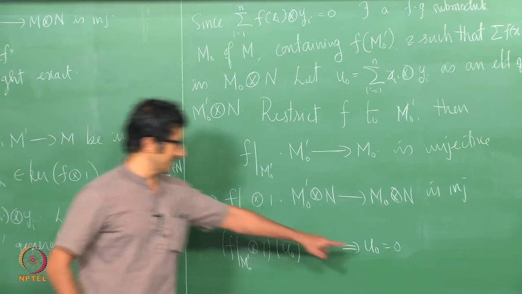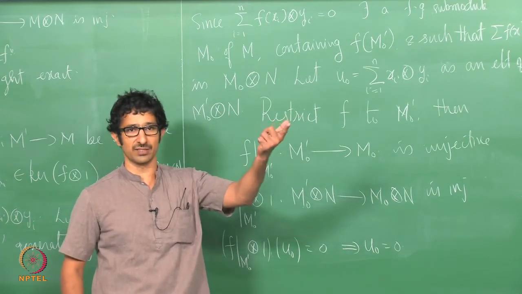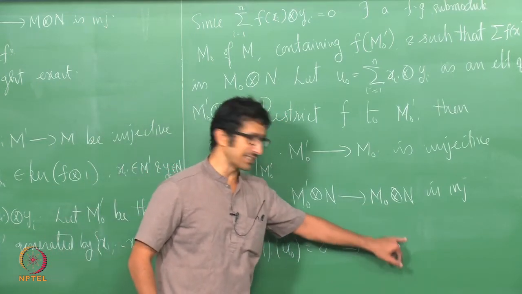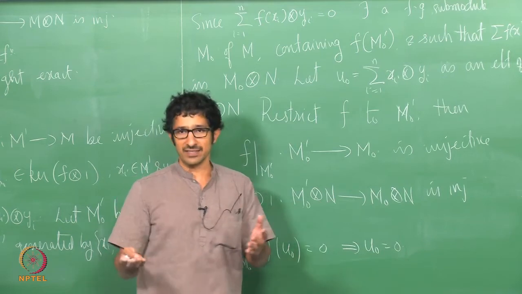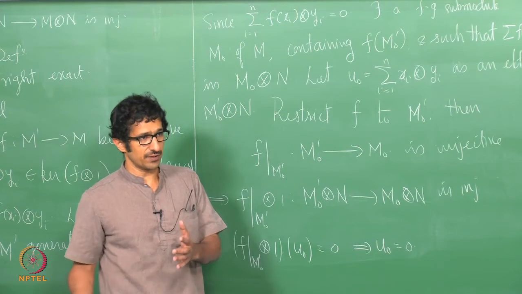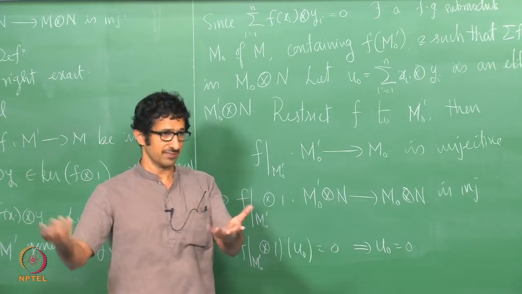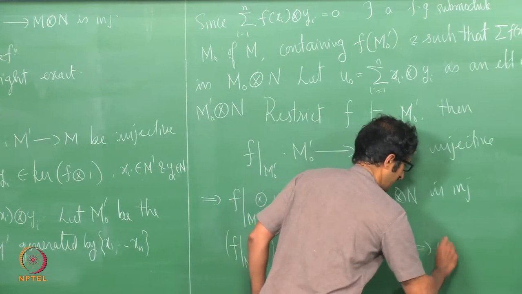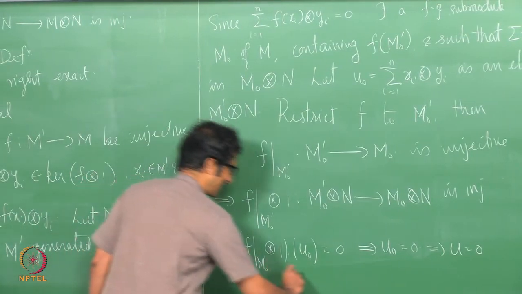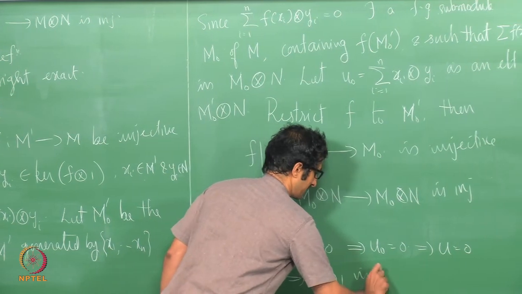But now this is 0 in the submodule. If it is 0 in the submodule, it has to be 0 in the module, because it is in the quotient module. It does not matter whether you are considering it here or here, this 0 will imply the element u is also 0. So therefore, this says that f tensor 1 is injective.